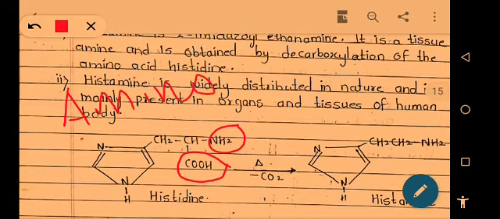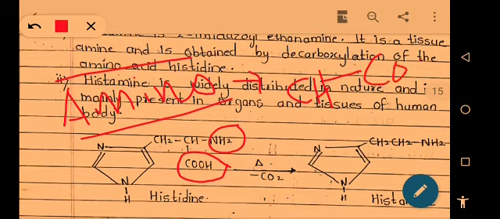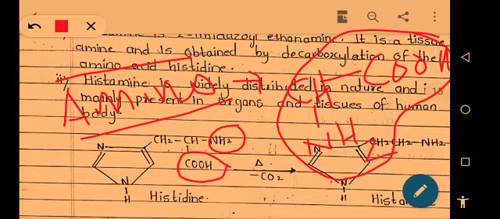Whenever you hear the word amino acid, there are two groups attached to the carbon: one is COOH, and on the same carbon atom there is an NH2 group. When COOH and NH2 are attached on the CH carbon atom, it is called an amino acid.